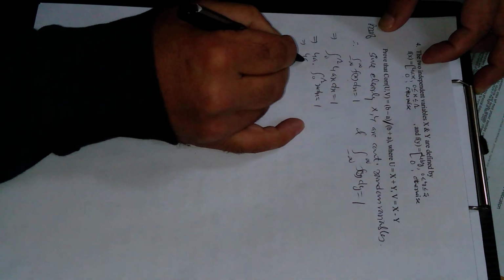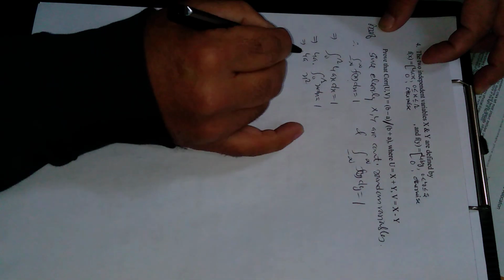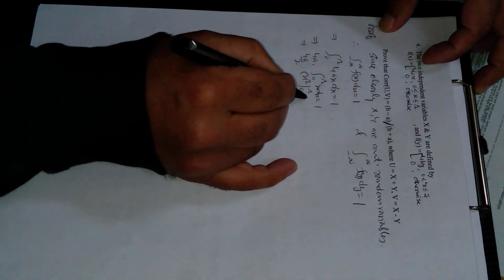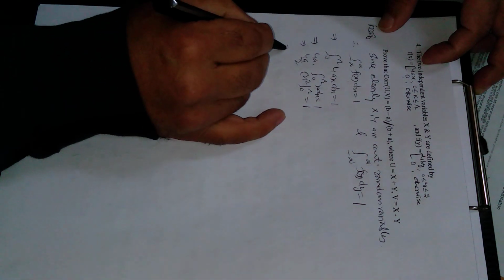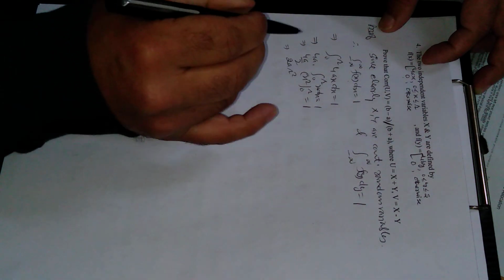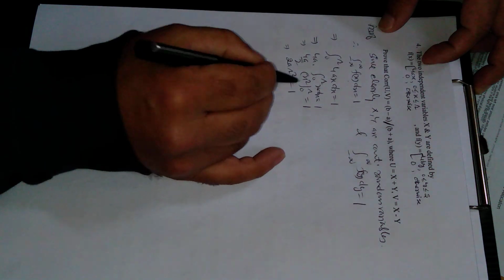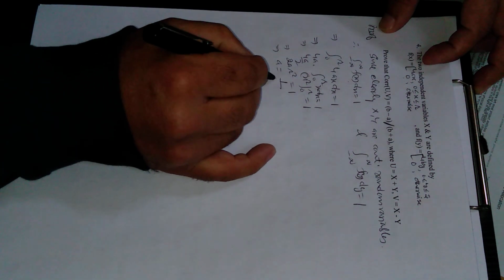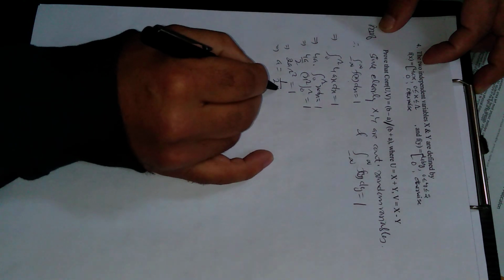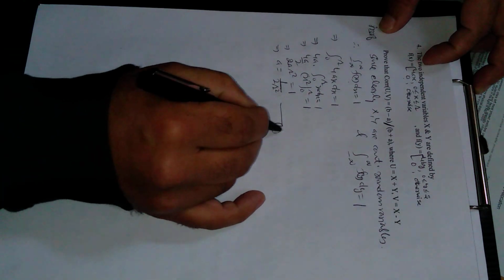So x square upon 2 from 0 to r is equal to 1. The lower limit is 0 and the upper limit is r square, so this will be 2a r square equal to 1. So from here a will be 1 upon 2r square. Let us call this number 1.